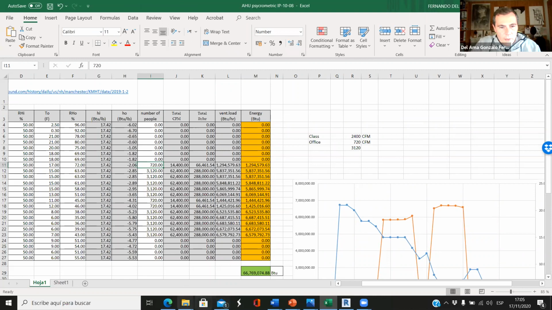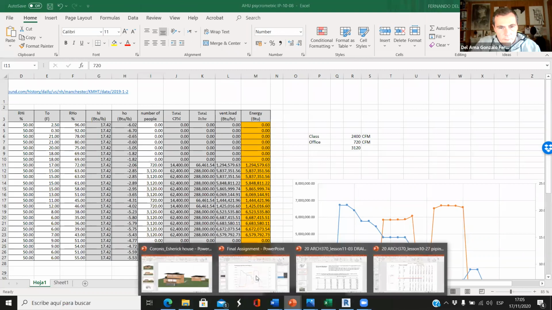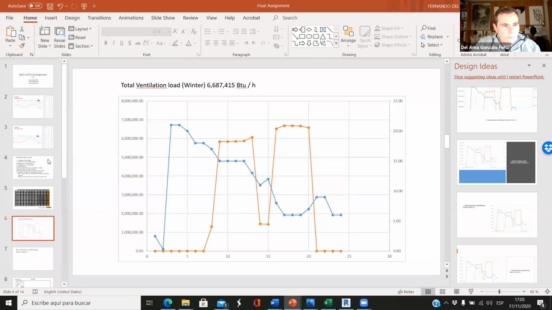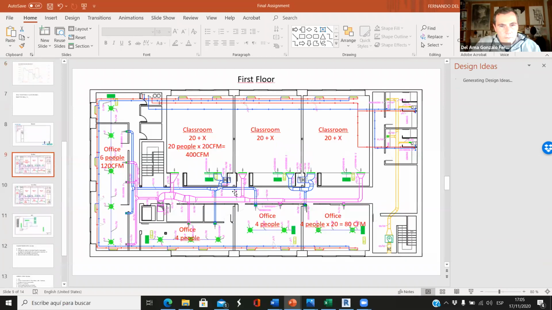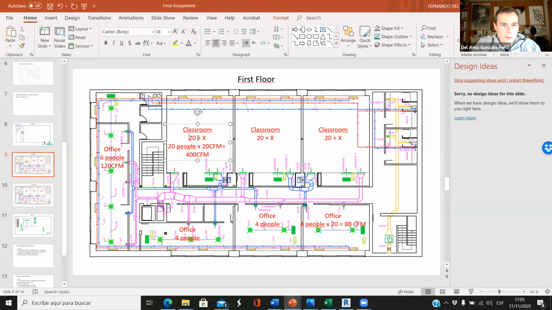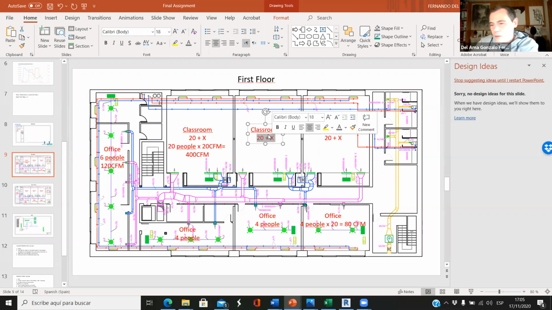So the number of people here, it's 20 times 6 classrooms. And this is 1, 2, 3, 4 times 6 and 6 times 2.